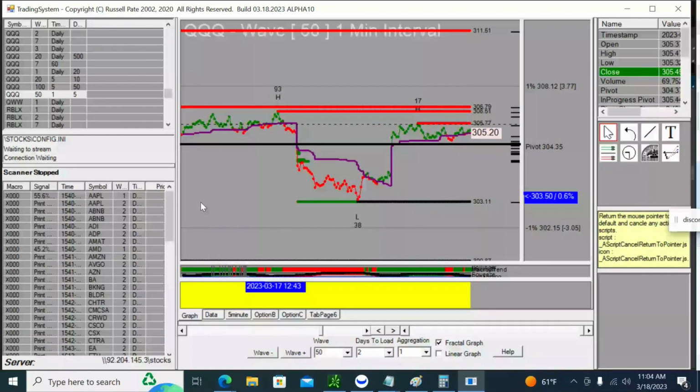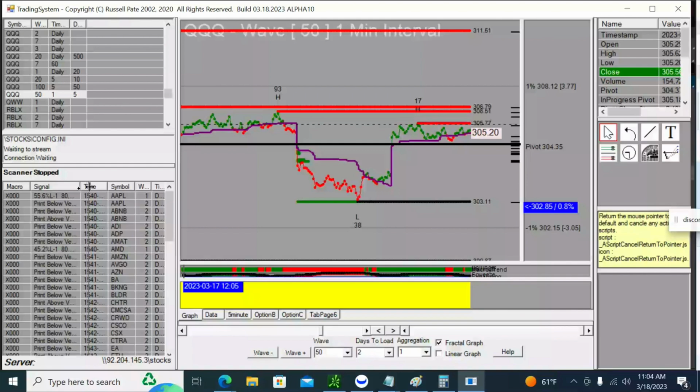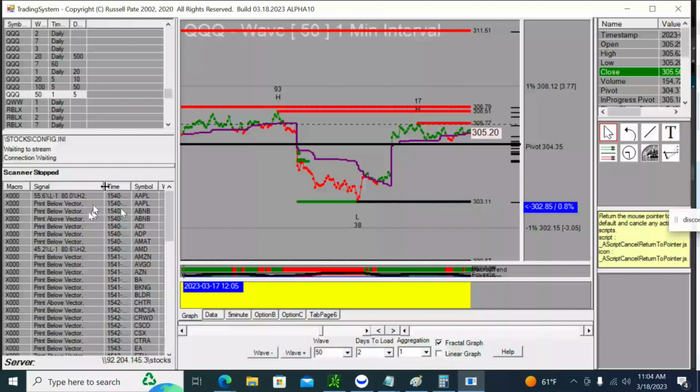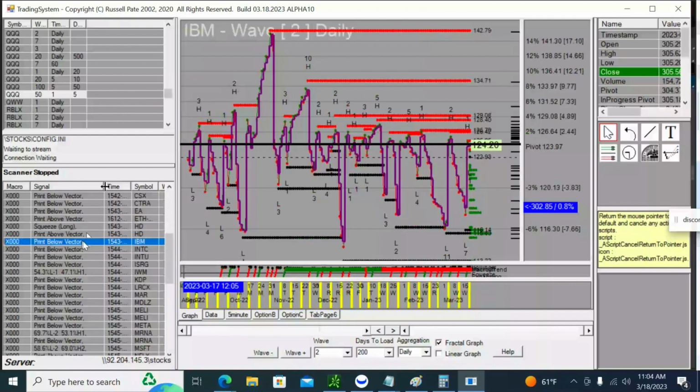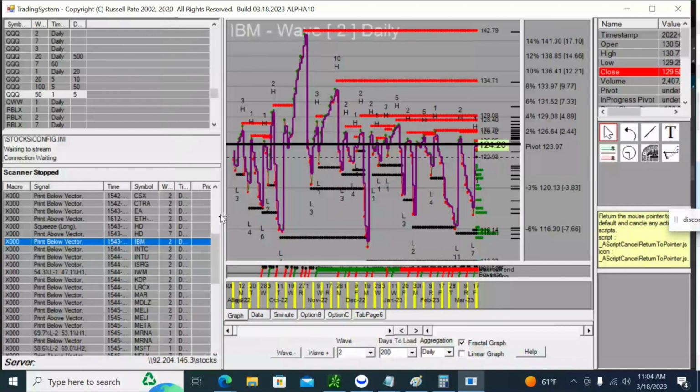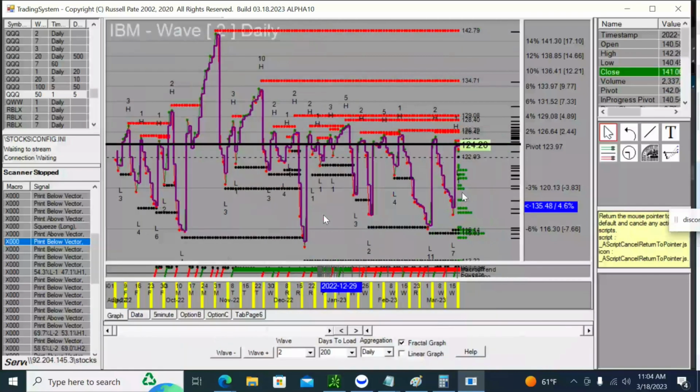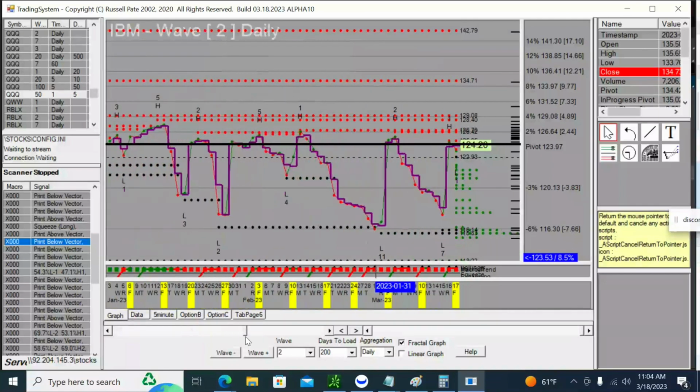So over here, this is just basically telling me if things are moving above or below the vector. So I can see IBM, for example, is below on, it pulls in the wave and stuff. So it's a 2 daily. So if I just want to find things that are being short or being long right now, I can by going in here.